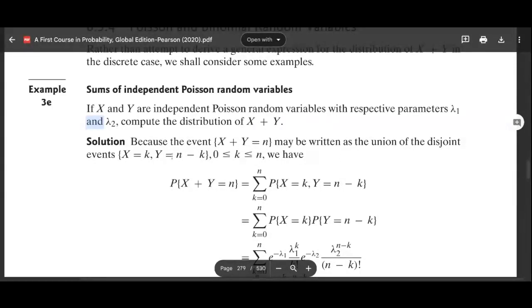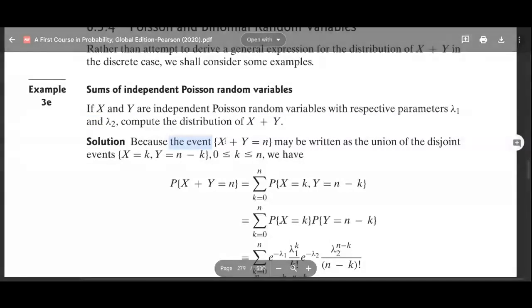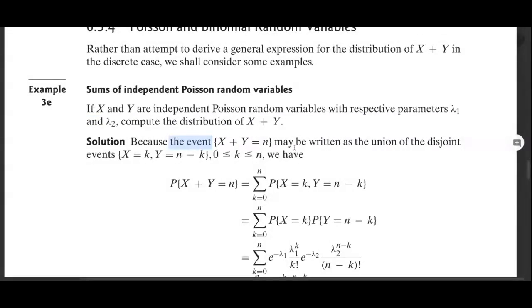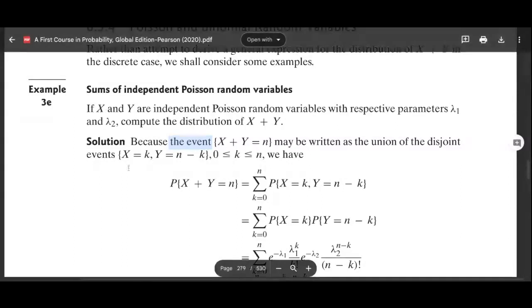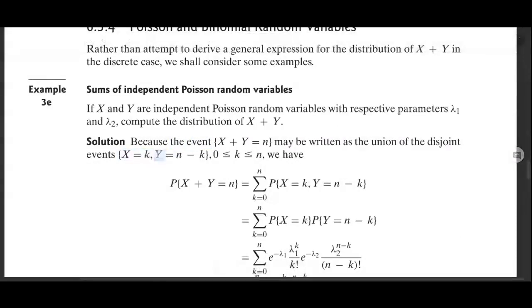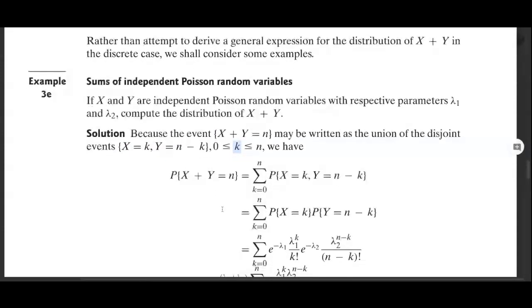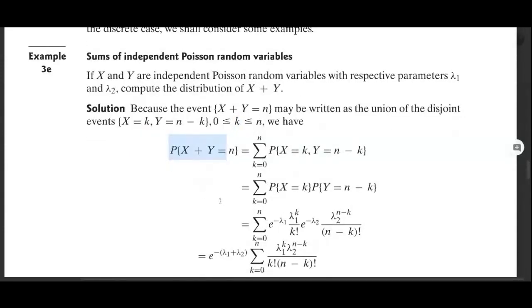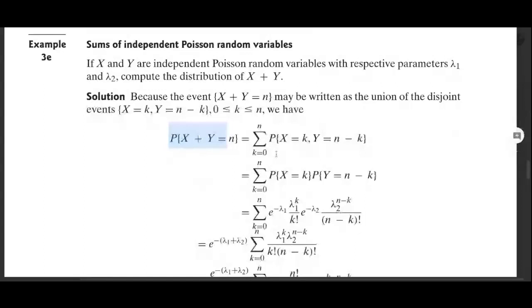of X plus Y. The event X plus Y equals n may be written as a union of disjoint events: X equals k, Y equals n minus k, where k goes from 0 to n. So we would have the probability of X plus Y equals n as the sum, with the index going from 0 up to n, of the probability of X equals k, Y equals n minus k.